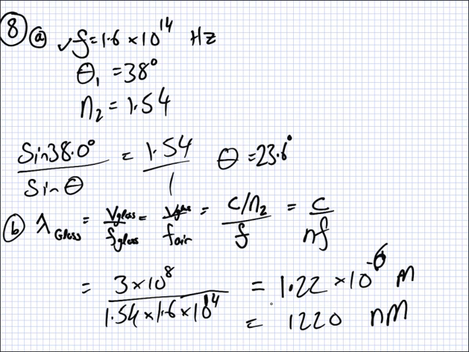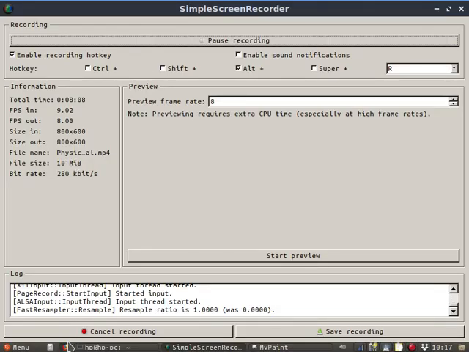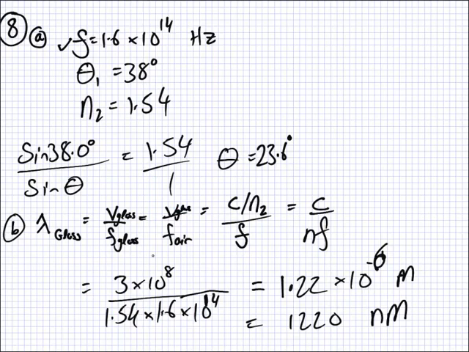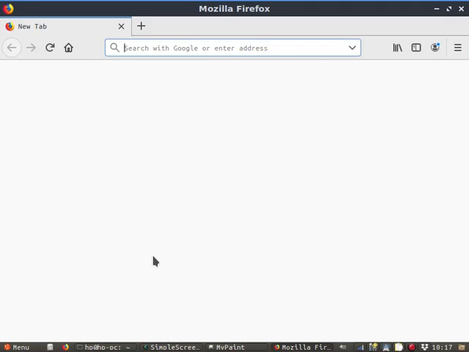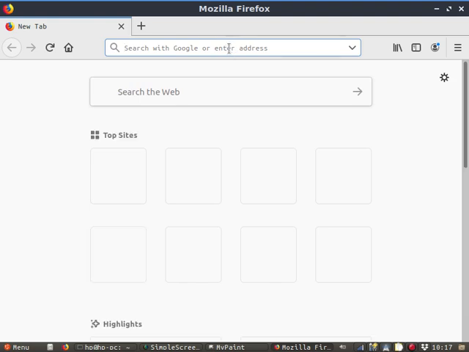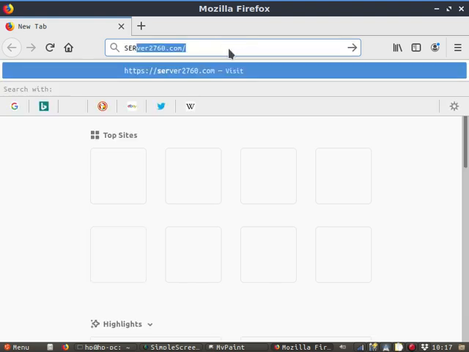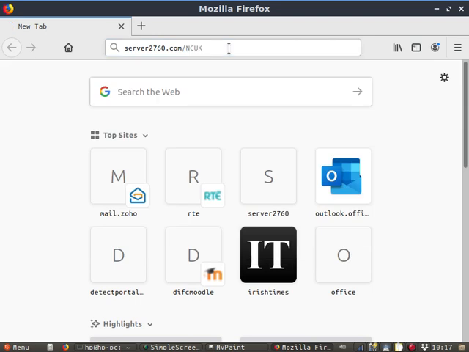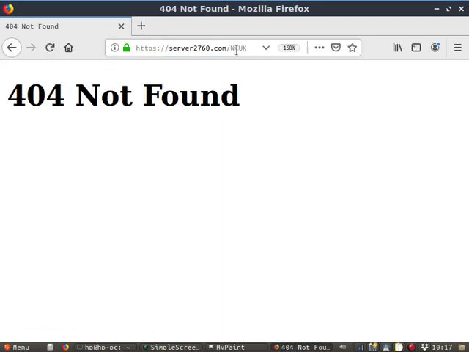I think for this one you're going to need the background. I'll open it up. It's a glass prism. I'll just load it, it'll be easier.